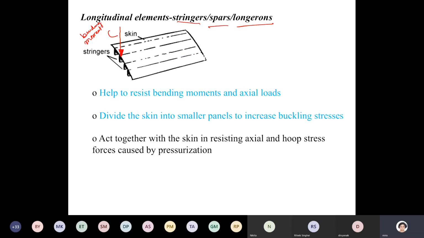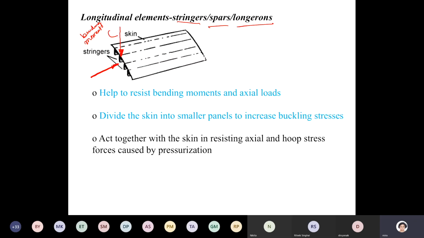So the primary job of the longitudinal member is to develop normal stress and thereby equilibrate the bending moment. Second, a wing can also experience an axial force like this, and the other job of this stringer is to resist this axial force by producing normal stresses.